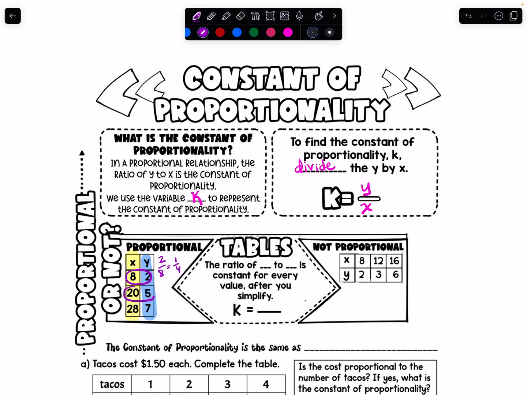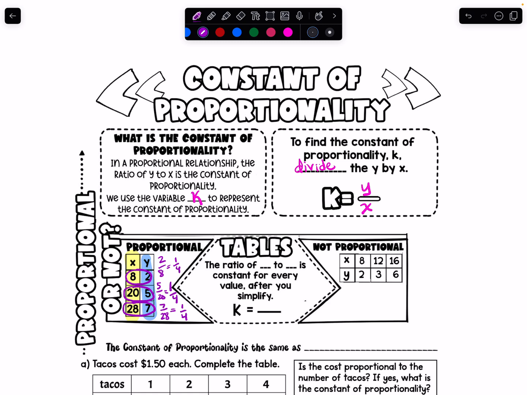In the next set, we have y over x, which is 5 over 20. That can also be simplified to 1/4. And in the final pair of numbers, we have 7 over 28 for our y over x, and they're all 1/4. When they're all the same, we can say that that's a proportional relationship.